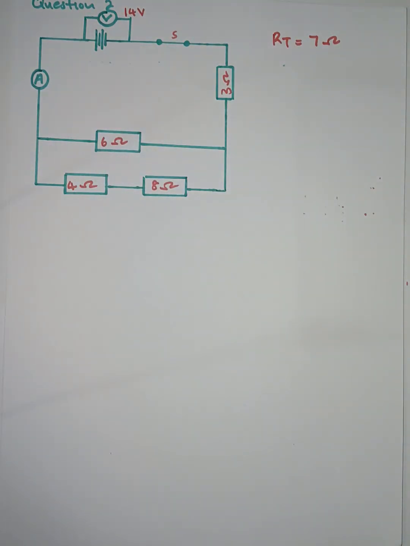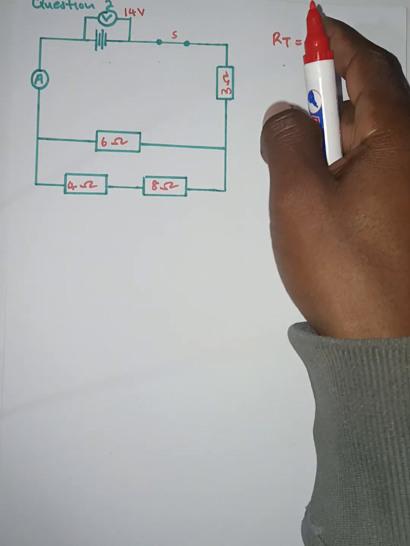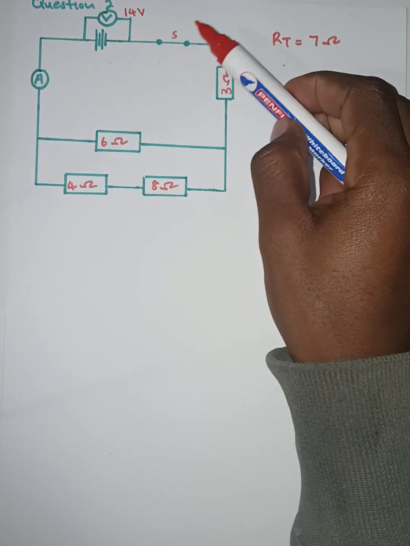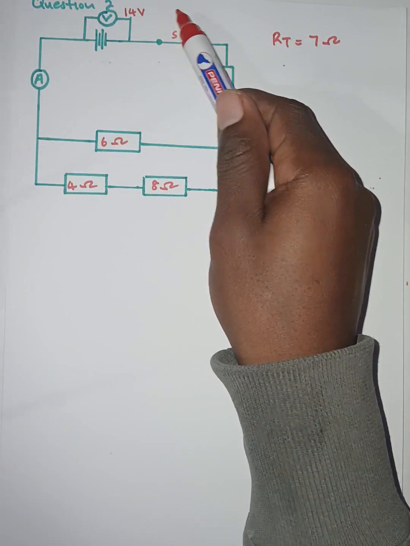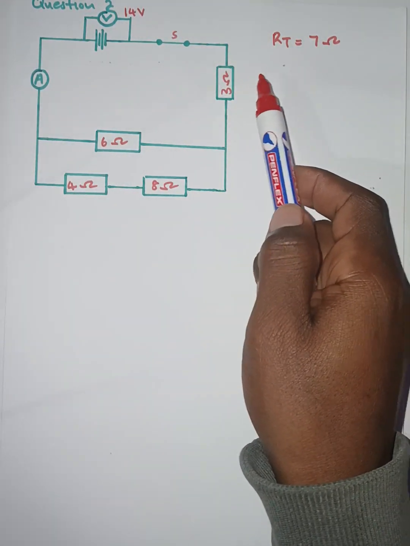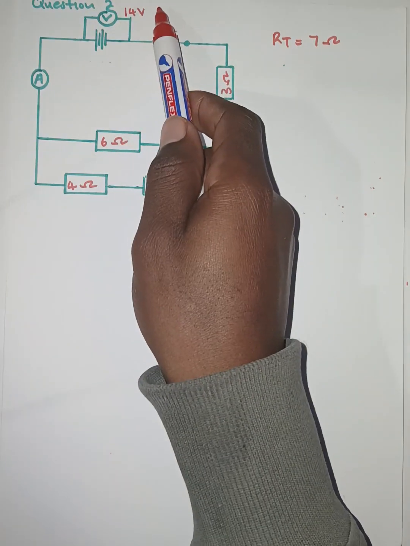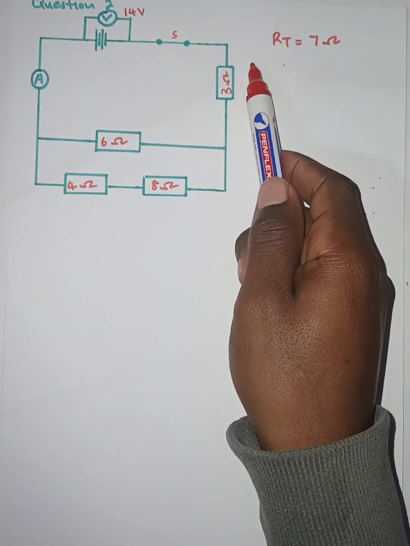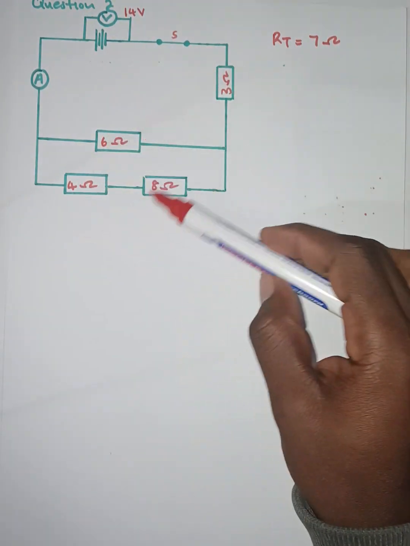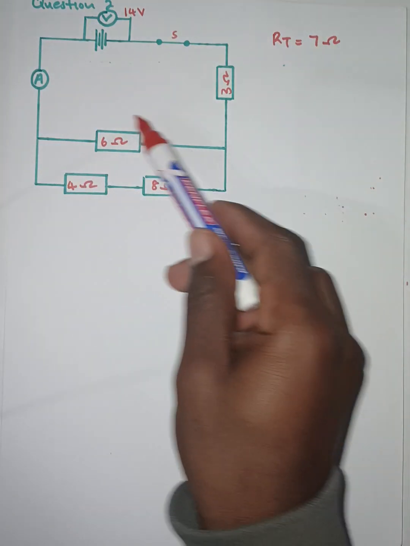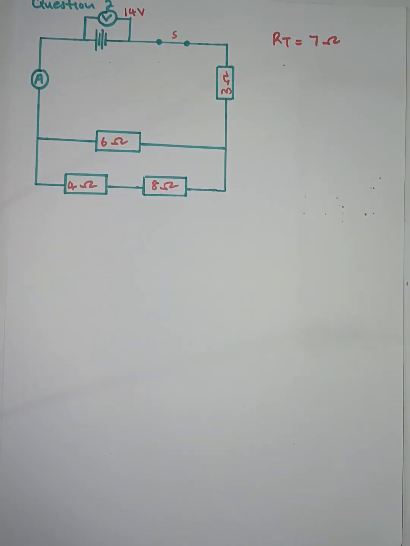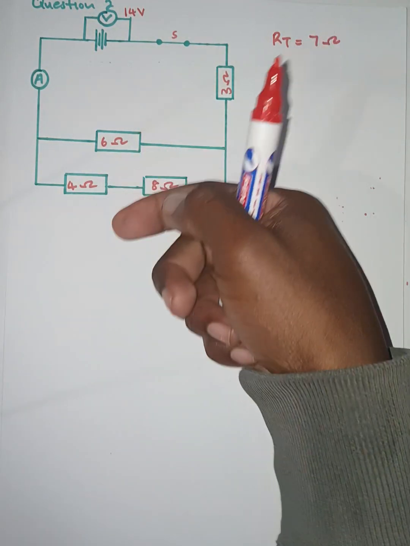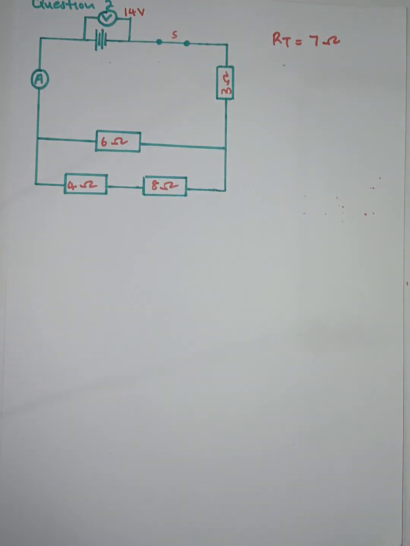Now again, if I ask which resistors would be using that 14 volts, in this case it would be this resistor plus this 3. Now remember, we combined these two, and we found that the equivalent resistance across our parallel resistors was 4 ohms.